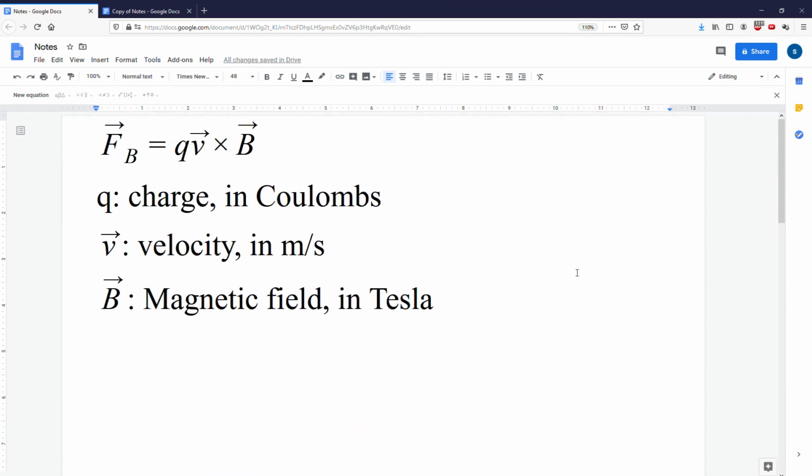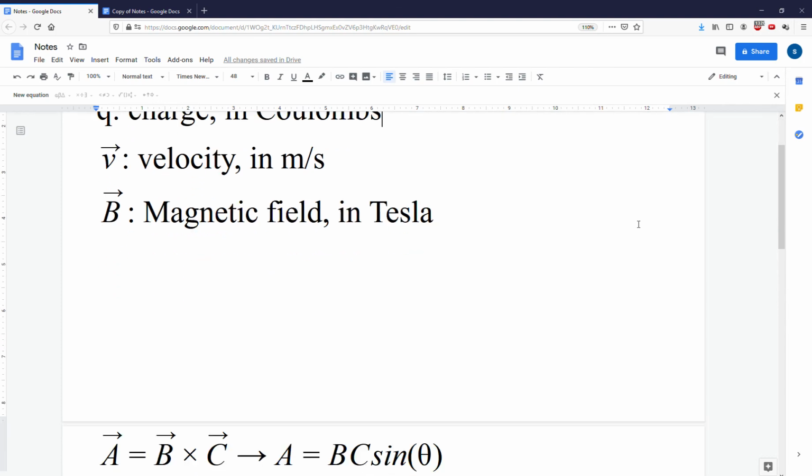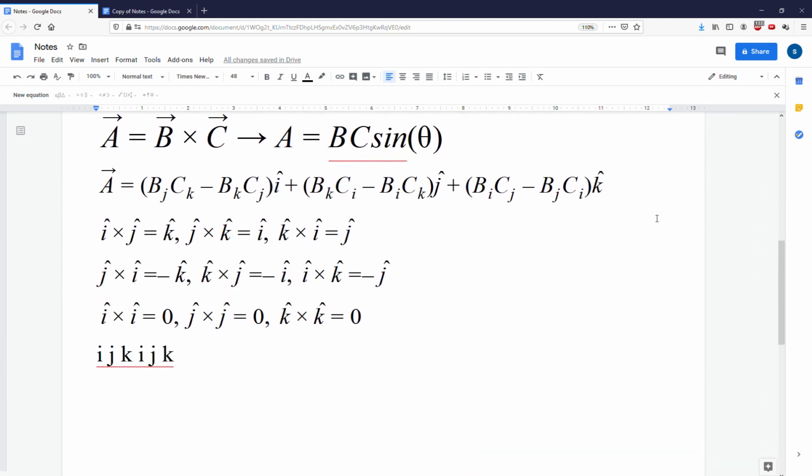Now, there is a second way to calculate both the magnitude and the direction of a cross product. It looks a little scary. I'm going to try to walk you through this. We start with A equals B cross C. Now, A, B, and C are all vectors.